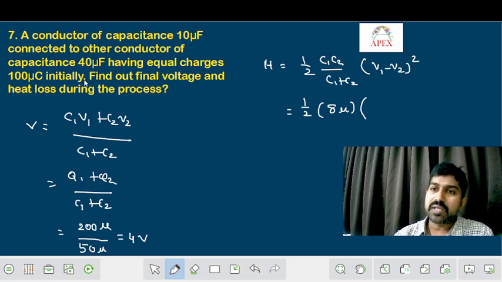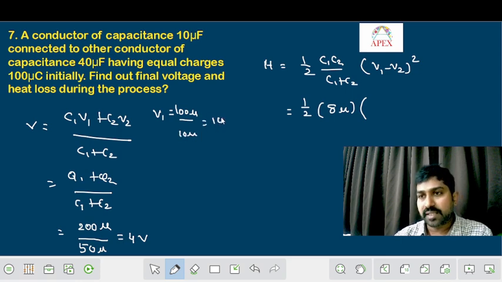You calculate the voltage in the first case. Voltage in the sense Q by C. Q is 100 micro and C is 10 micro. So the voltage is 10. In the second case, voltage is charge 100 micro and capacitance 40, how much will it be? 100 by 40 will be 2.5.